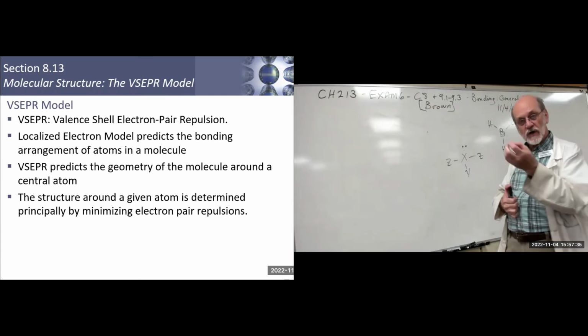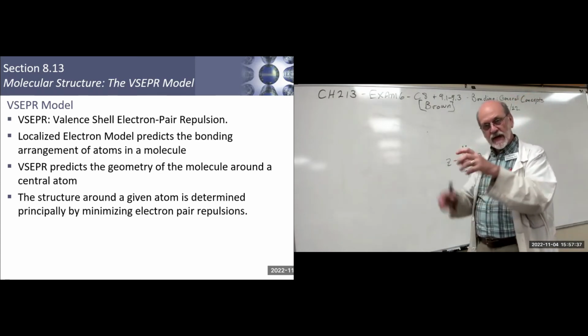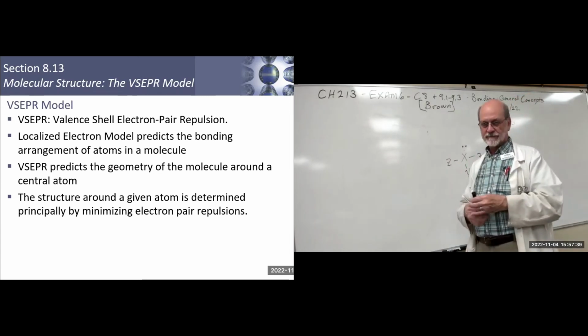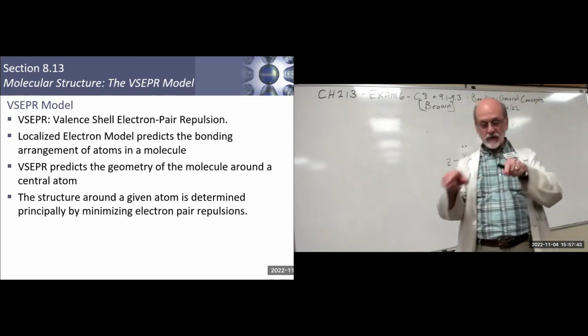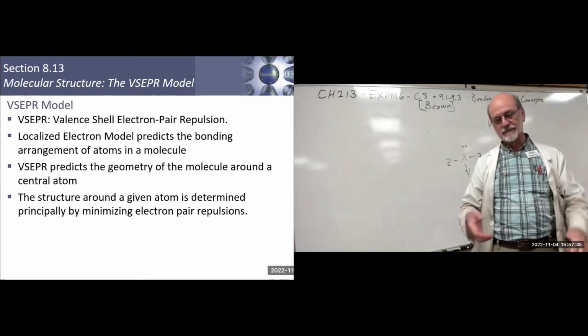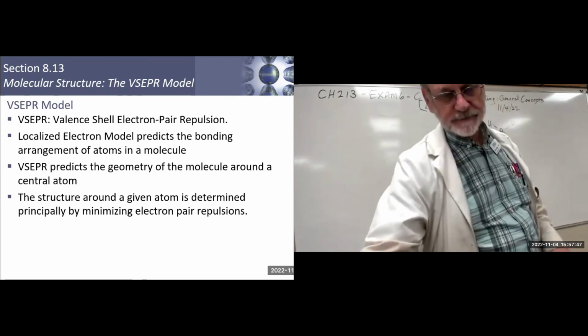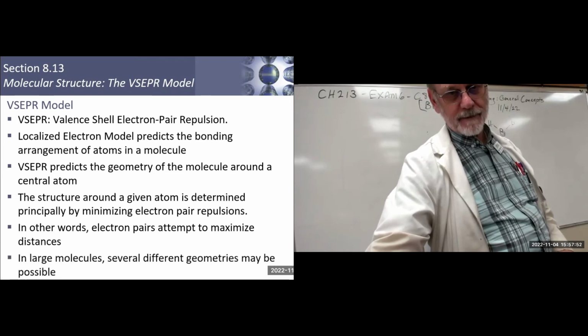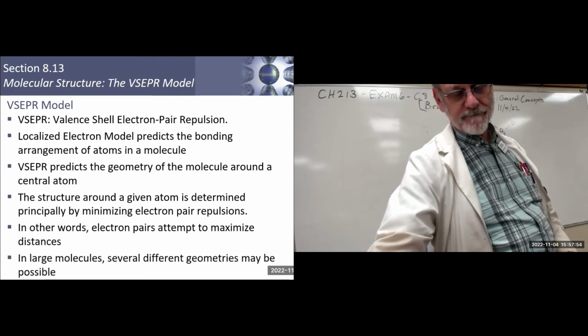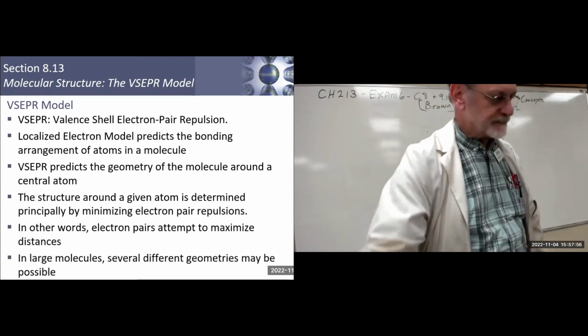You just have to focus on that one central atom and what it is connected to. And you can have different geometries at different central atoms in the same molecule. That's what that last statement says.